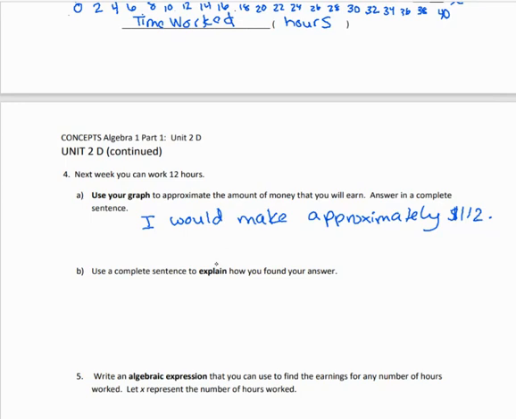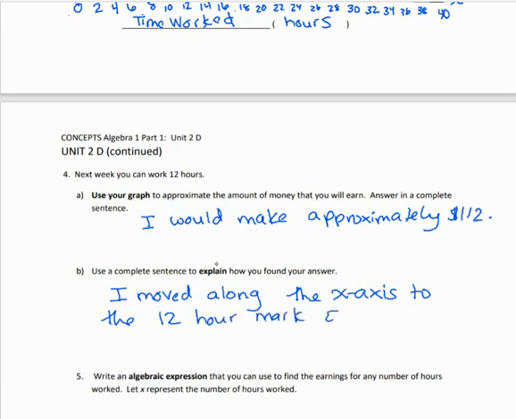Okay, so I moved along the x-axis, bless you, to the 12-hour mark and found where that was plotted on my graph.